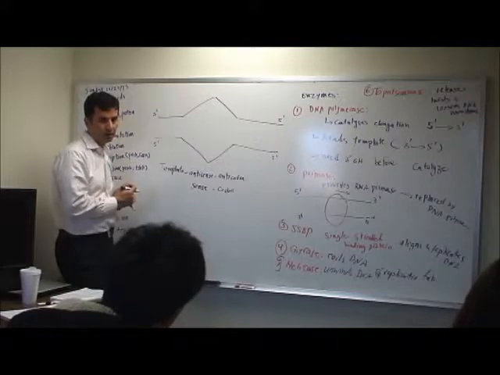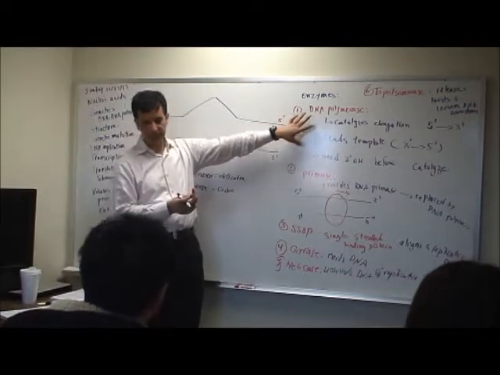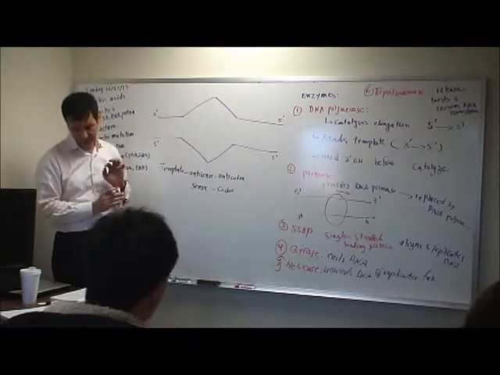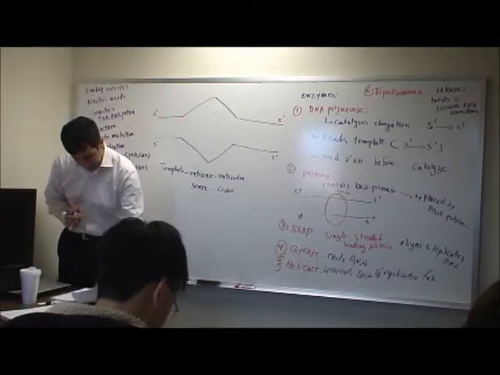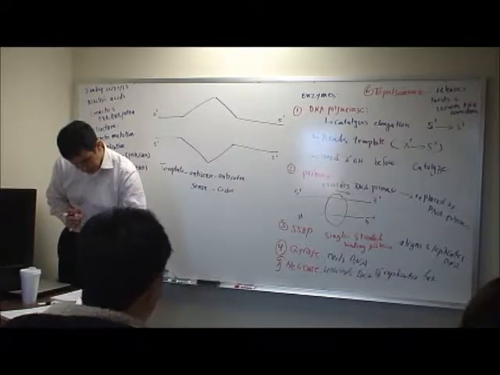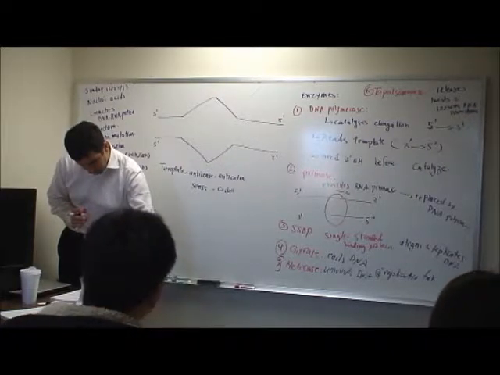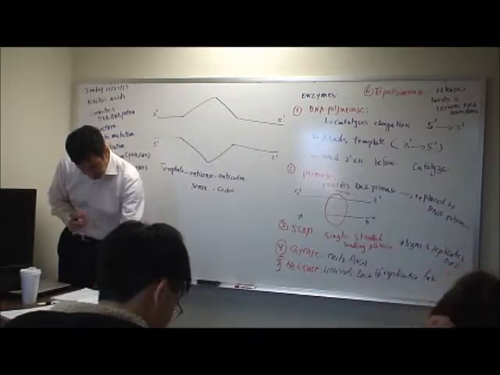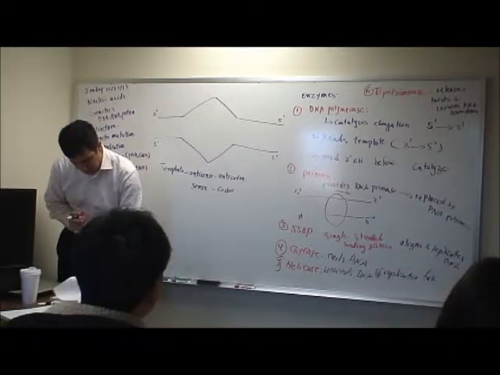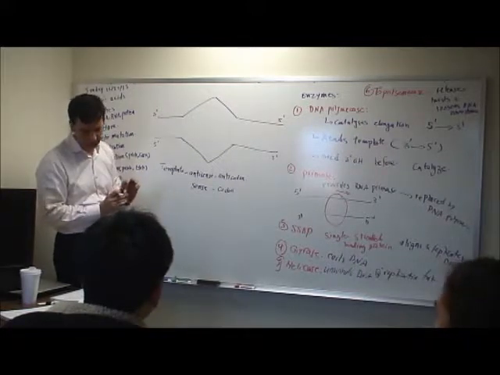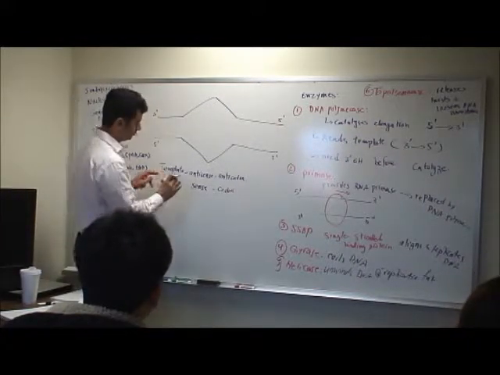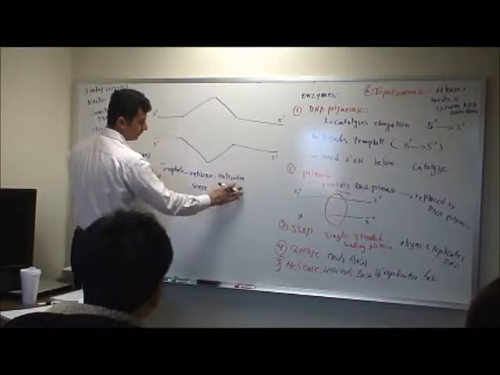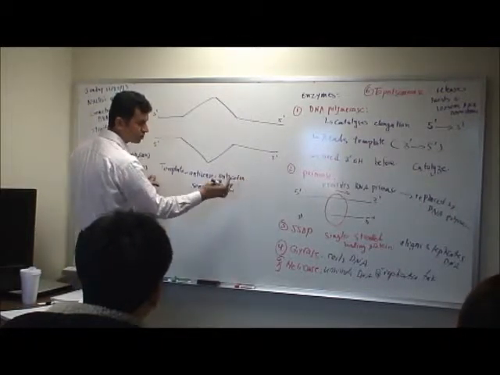Okay. I wrote something here, DNA polymerase. Based on this, which one of them is the template? Oh wait, no. The template is for transcription and translation. We are in replication, right? So this is true, perfectly right. But you only use this if you want to transcribe.